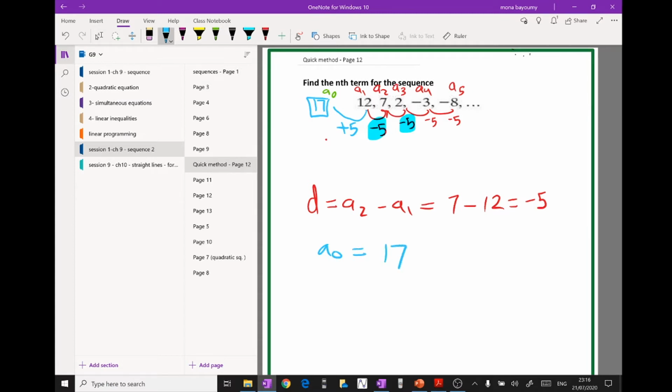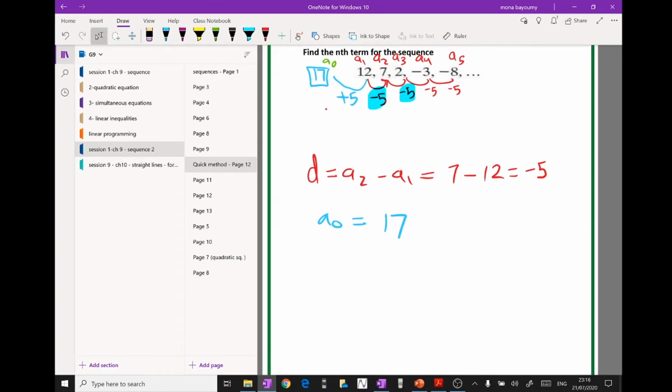To find the nth term, directly, the nth term a_n is equal to the common difference d times n plus a0.